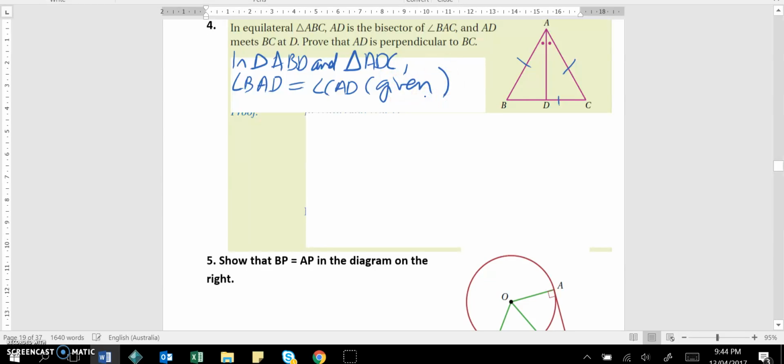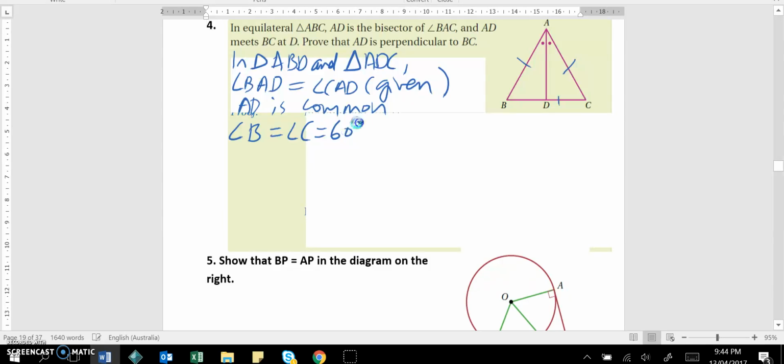Then I'm going to say that AD is common because it's a shared side, or you can write AD is shared, this line down the middle here is shared. Then I'm going to say the final angle B equals angle C. Why?